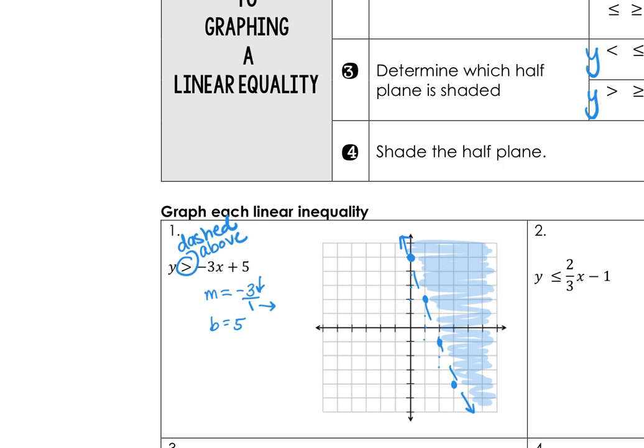Why is that making no sense to me right now? -3 times 3 plus 5 is -4. Okay, and so yes, if your y was 3, 3 is greater than -4. So that is a true statement. Thank you for helping me with my little brain fart.